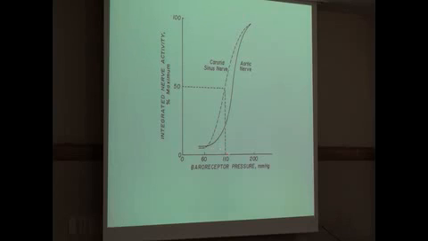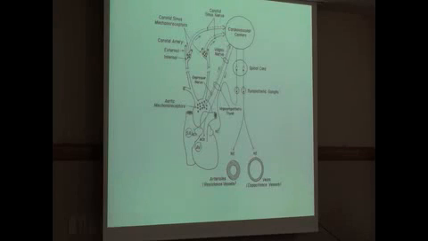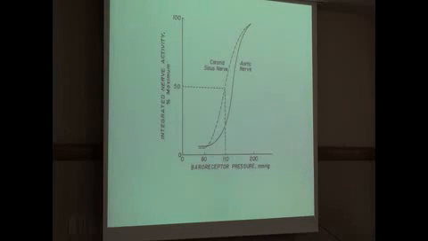But what you may want to know is that if we look at nerve activity, that means those nerves here, if the receptors are stimulated, there will be a degree of activity in those nerves. Well, if we measure that as a function of the pressure in the aorta or in the carotid sinus, you see that the carotid sinus nerve will become active at lower pressure.